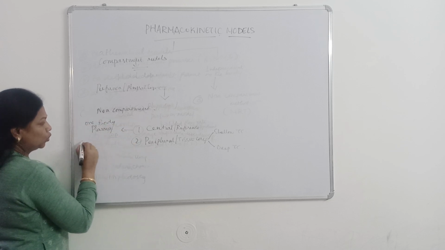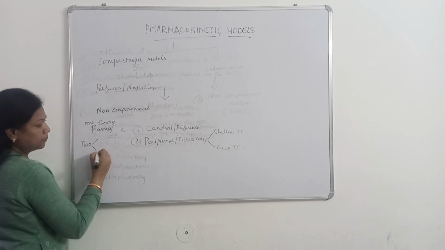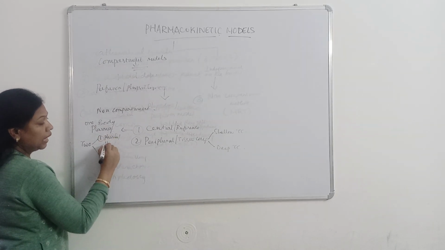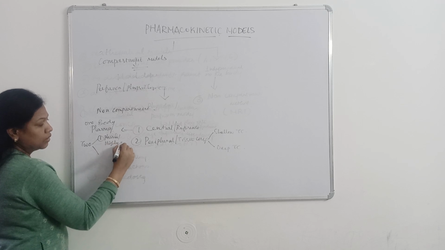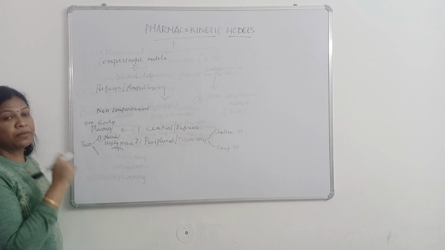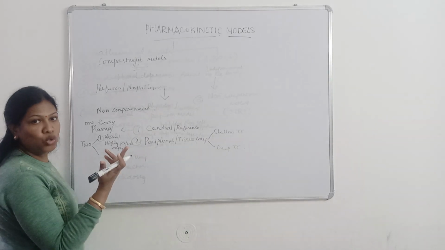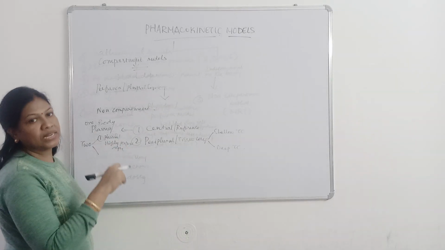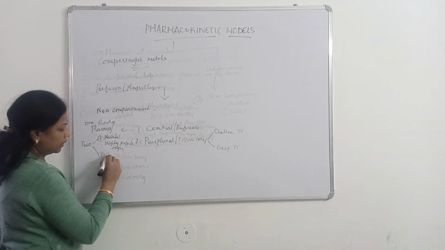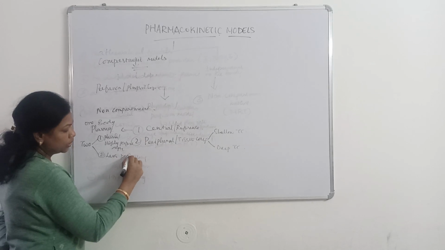Whereas in the two compartment model, the first compartment will have plasma, along with that the highly perfused organs. What does it mean, highly perfused organs? The organs which have high blood flow. If the blood flow is more to some organs, those can come under the first compartment, and the second compartment will have the less perfused organs.